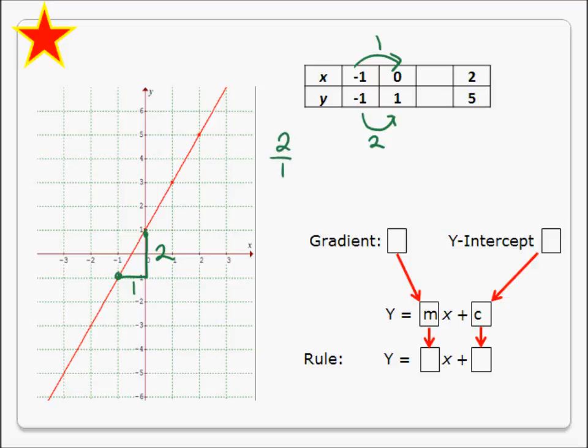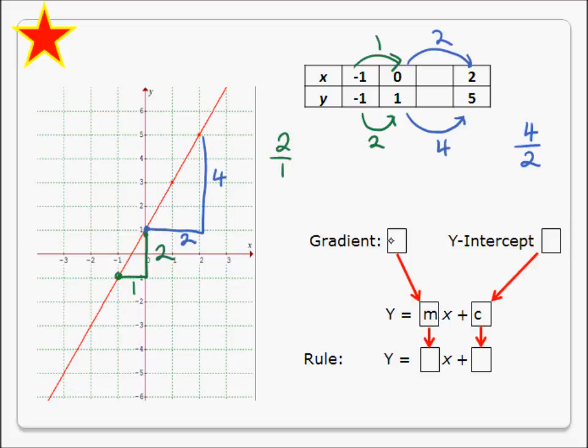Well, what about if I used a different set of points? What about if I used these two here? Well, what that is doing is that's looking at this triangle. Now, because the gradient doesn't change, when I do my calculations, my run is going across 2, and my rise is going up 4, so my rise over run is 4 over 2.